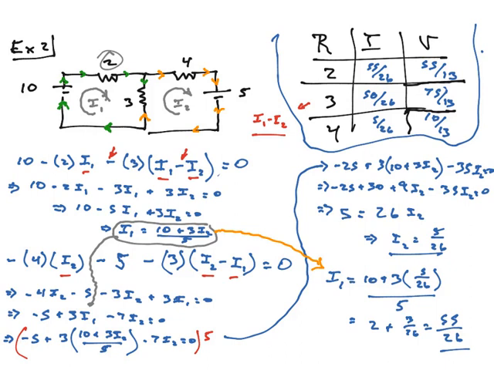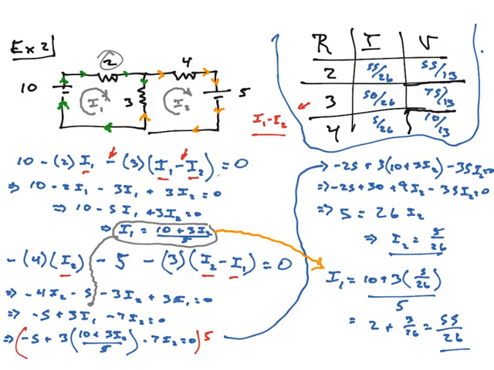The one you choose to be negative is the current that's not the equation you're talking about. Meaning, if I'm on the first equation, which is an equation for I1 stuff, then I2 will be the negative guy, if he's in the opposite direction. If I'm on the second loop, which is the loop with I2 in it, I2 will be the positive one, and I1 will be the negative one, if he's moving in the opposite direction. But again, if it's in the same direction, then they're both positive. We just add them.